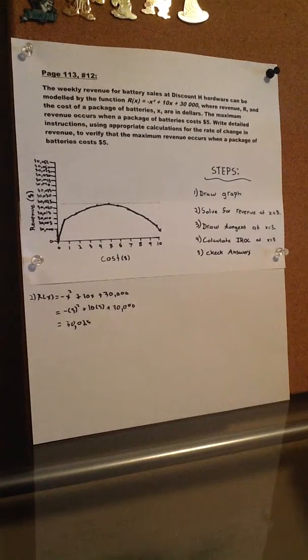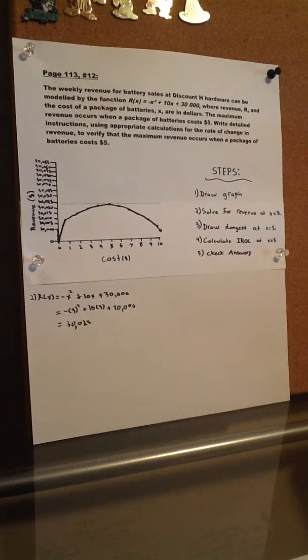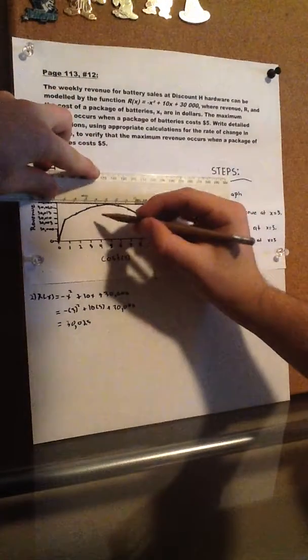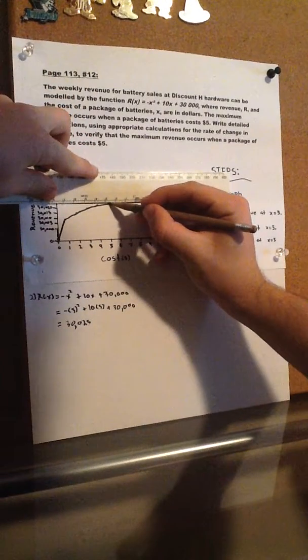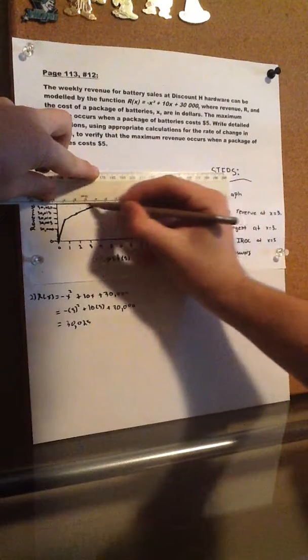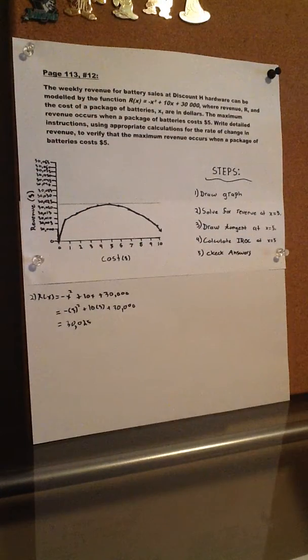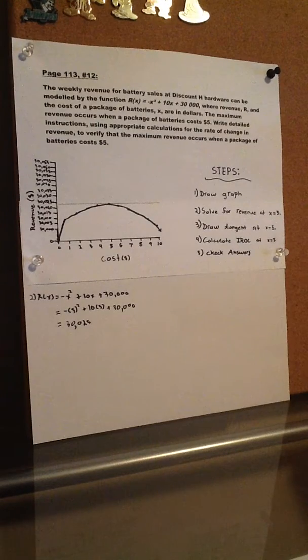Next, we can draw a tangent line at x equals 5. Now that a tangent is drawn, we can calculate the instantaneous rate of change at x equals 5 using the following formula.